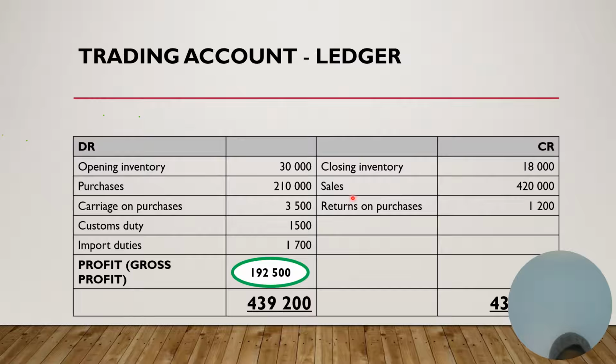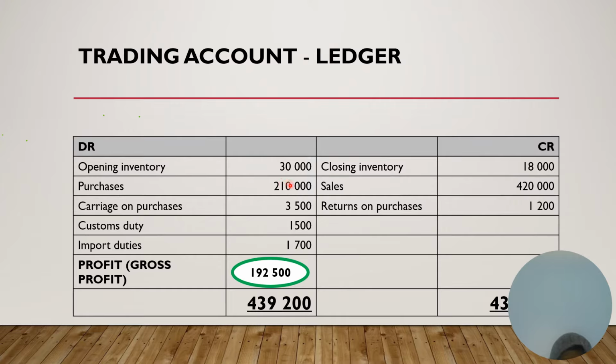Okay, we have the sales on the credit side, which is 420, minus the cost of sales, which is not given. We have to calculate it. This is the cost of sales, this amount. When you add it, it gives you the cost of sales, and this one and this one. Okay, you have the opening inventory plus your purchases.